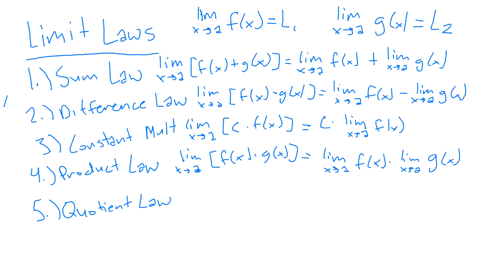And lastly, we have our quotient law. Now this one actually does have a little extra stipulation. So we have our limit of f of x over g of x, and we're still breaking this down into two separate limits.